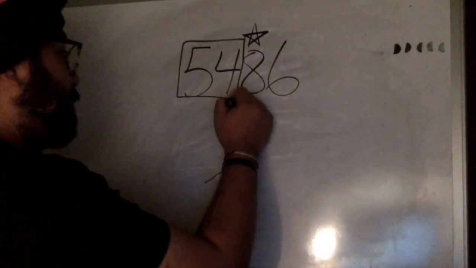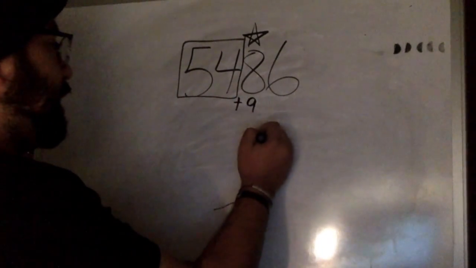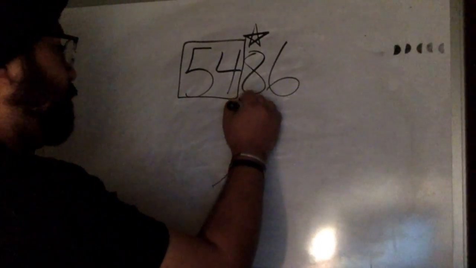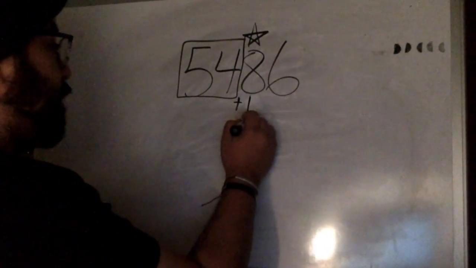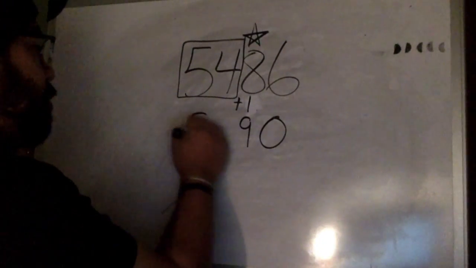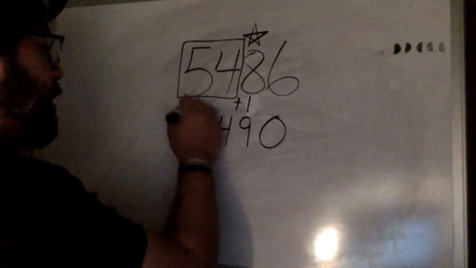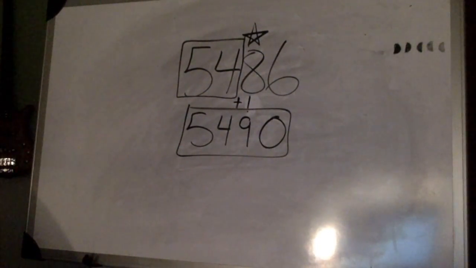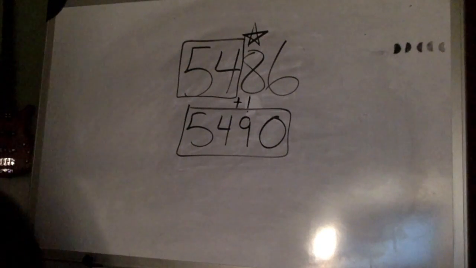So therefore Cinderella gains 1 point. 8 plus 1 is 9. Her sister turns into a pumpkin, and the royal family stays the same. 5,486 to the nearest 10 is 5,490.